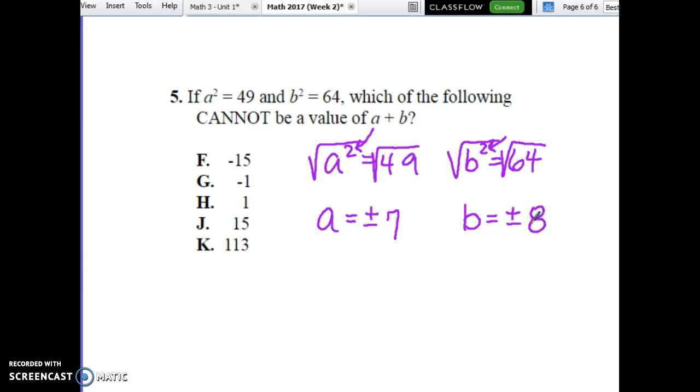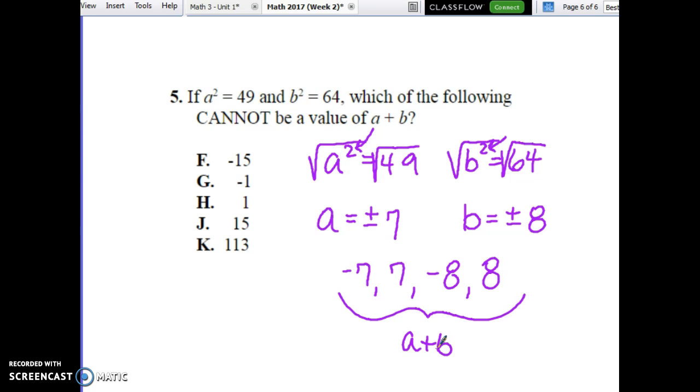So again, 8 times 8 is 64, but also negative 8 times negative 8 is 64. So you've got 4 numbers here, negative 7, positive 7, negative 8, and positive 8, to see which of these 4 numbers I could add together and get some of the values for your answer choices.